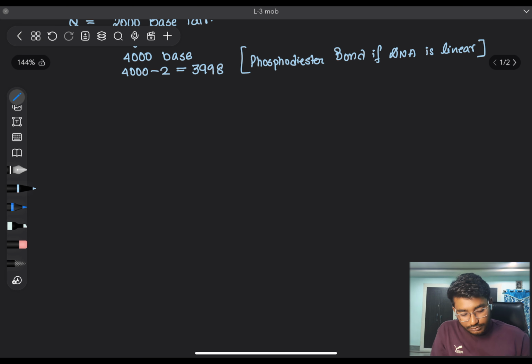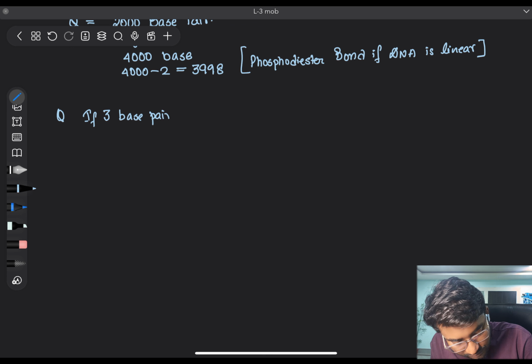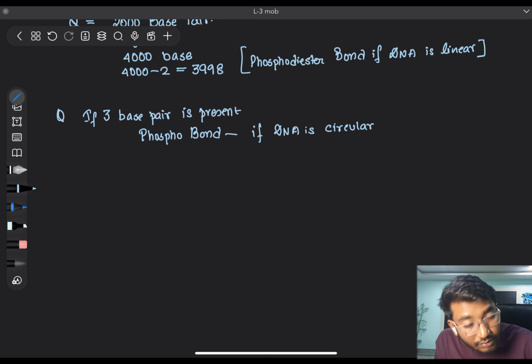Now question: if 3 base pairs are present, how many phosphodiester bonds if DNA is circular, as in the case of pseudomonas?